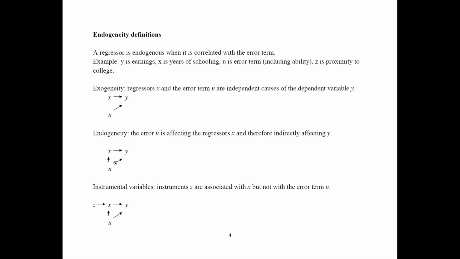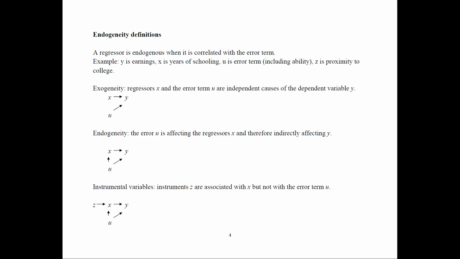And this is, for example, when we have this unobserved variable ability that not only affects how much wages or earnings you're going to get, but it also affects how many years of school you get. And in this case, we have endogeneity where there's this extra link, and that's not good because it causes biased results. So one way around this is to use what is called instrumental variables.